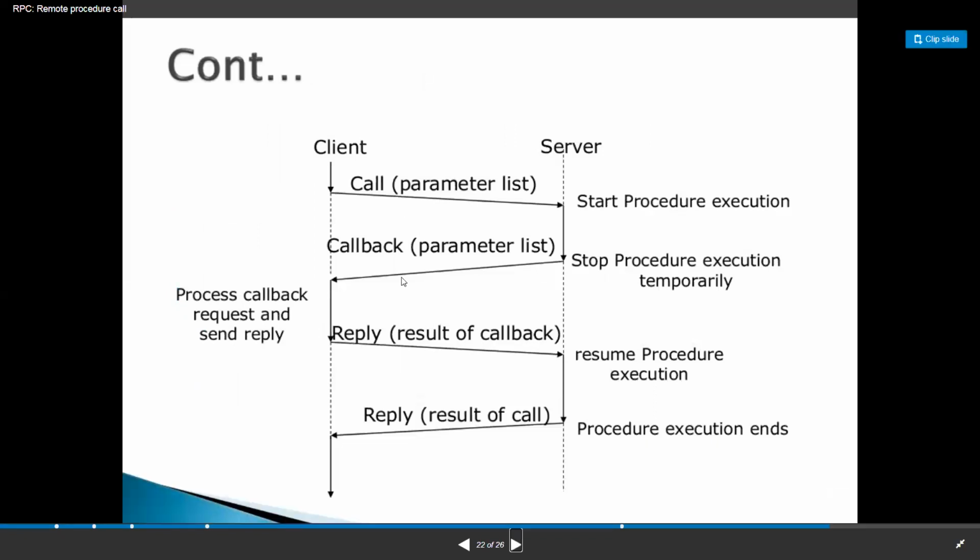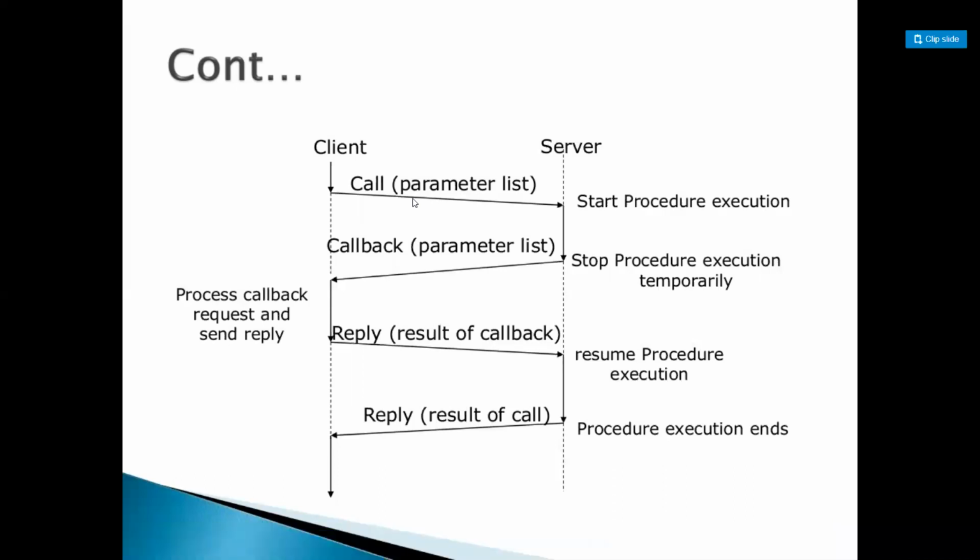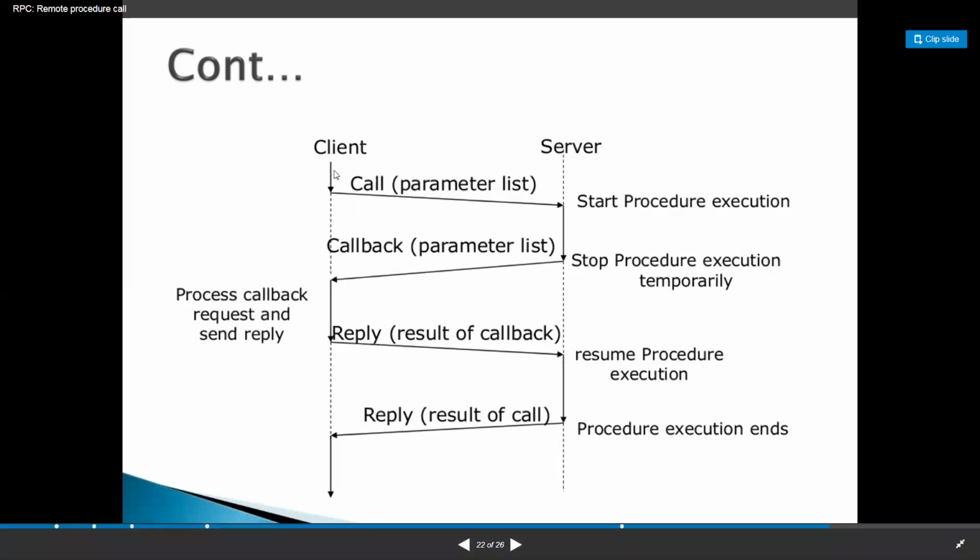First, see, we have here a client and a server. First, the client will send a call. That call will be executed by the server. In that call, it will send the parameter list. Here you need to identify the difference. Here the client process is executing till this point, till the server receives the call.